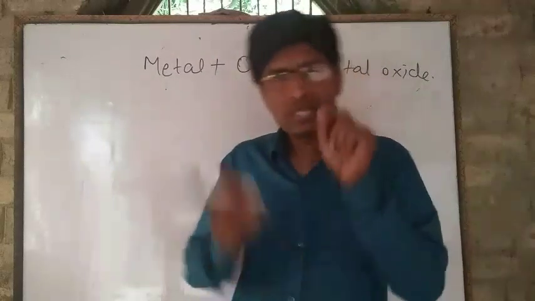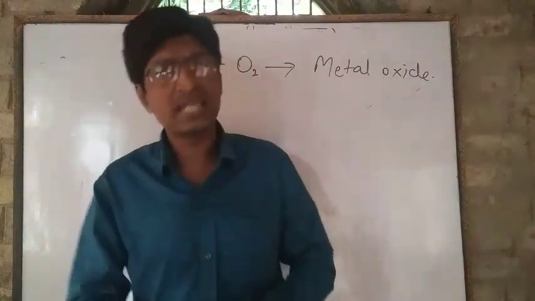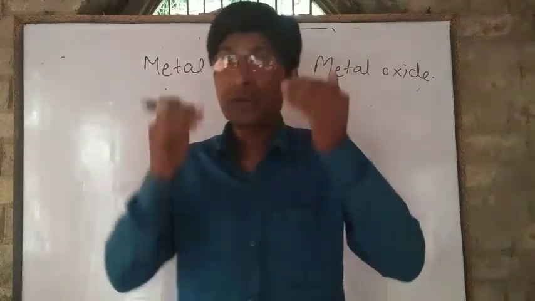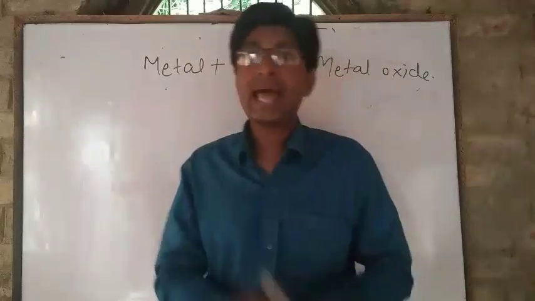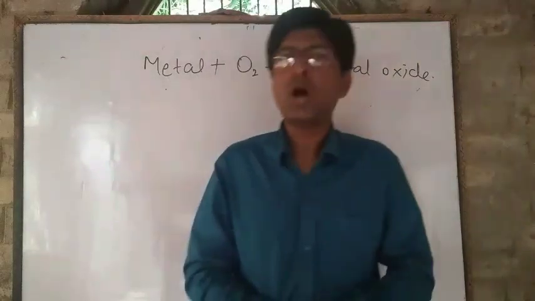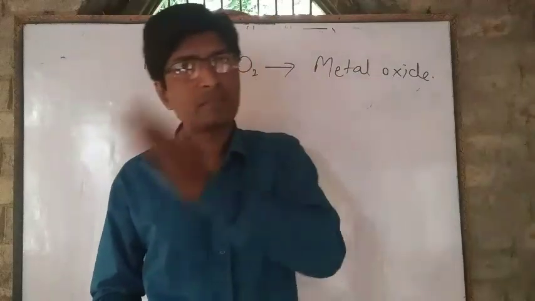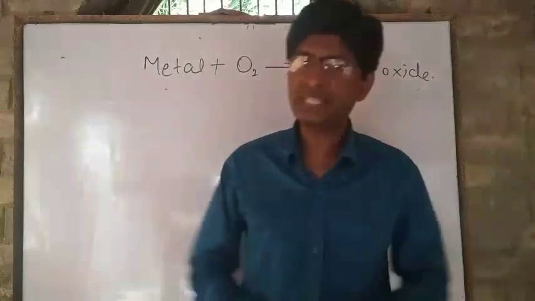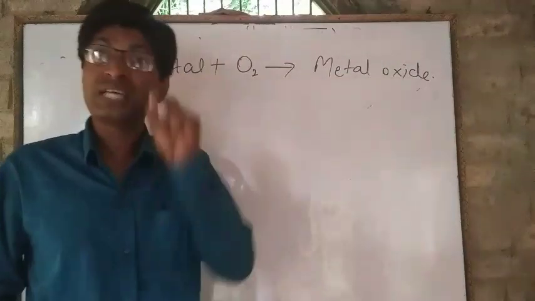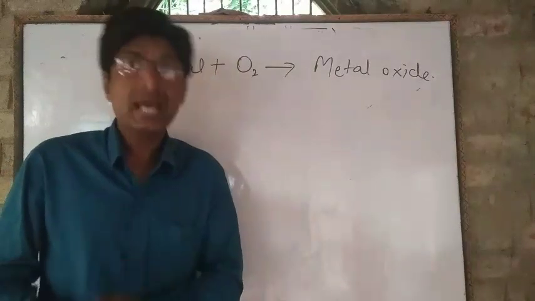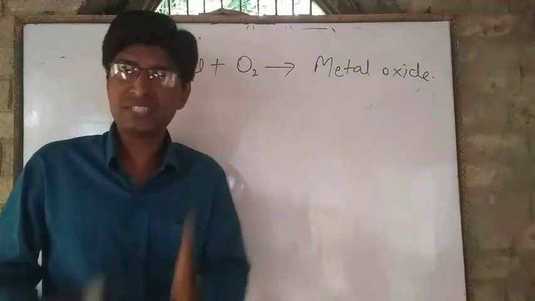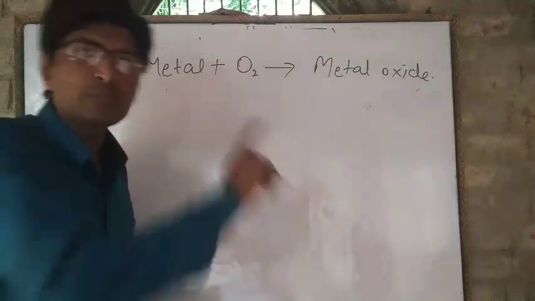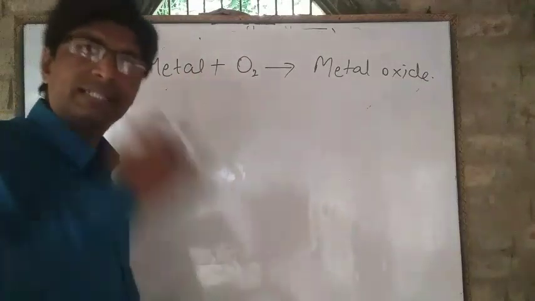But you must know which metals can react with oxygen at atmospheric temperature. Some of the metals which are highly reactive in the reactivity series, like sodium, potassium and calcium, react with oxygen at atmospheric temperature and produce their oxides.